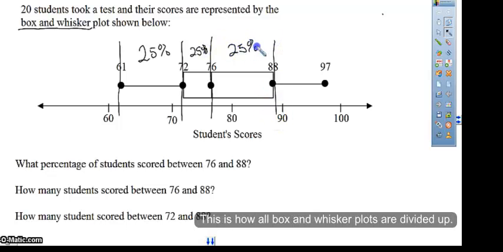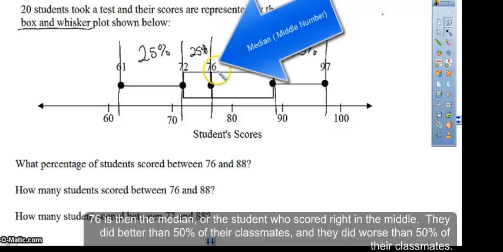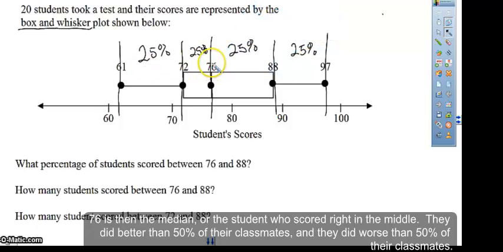And this is how all box and whisker plots are divided up. 76 is then the median, or the student who scored right in the middle. They did better than 50% of their classmates, and they did worse than 50% of their classmates.